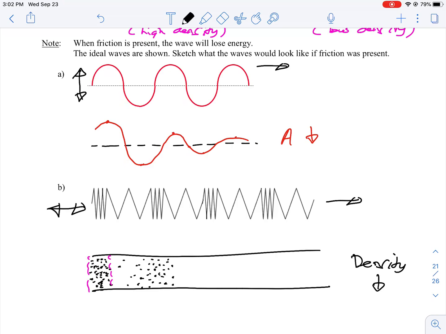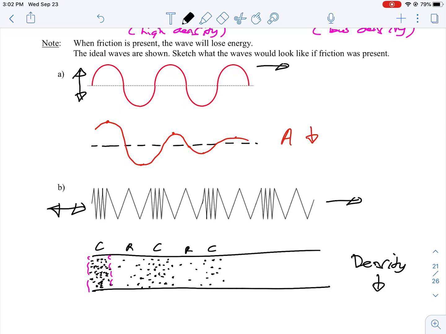You see how it's still more dense than the rarefaction region, because there's your compression, here's your rarefaction, here's your next compression, but it's not as dense as the first one. Then it's much less dense. And then the next one will be a bit more dense, but less dense than the previous one. So the density decreases. Good enough. That's about as best I can draw for this one. That's a hard one to draw.